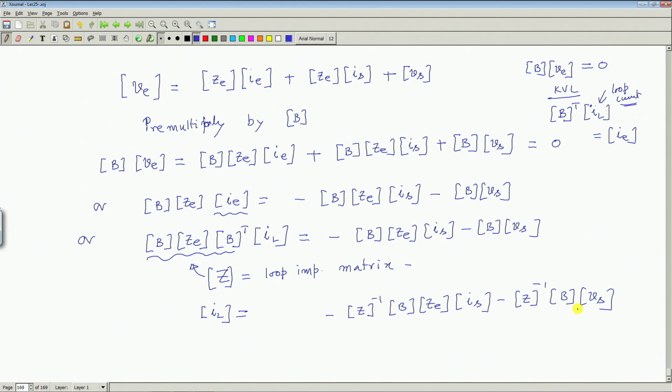Once the loop current is obtained, what am I going to do? After you get this, I will say the element currents are equal to B transpose into I L. I will be able to calculate these element currents, that is I 1, I 2, I 3.